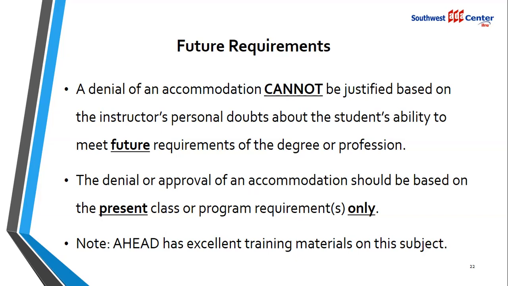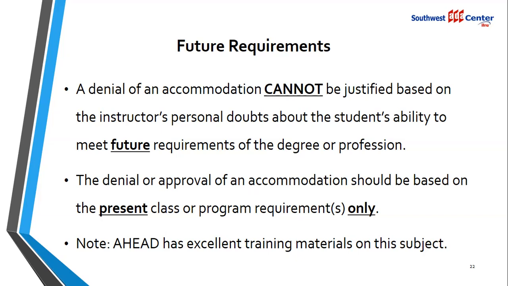So the instructor can say, well, okay, you'll do fine in this class with accommodations, but you still have to do a whole lot of other things to be a nurse. And by providing you these accommodations in this particular class, I don't know how you're going to complete this program. Can't do that.